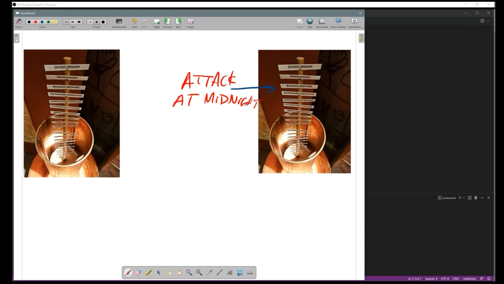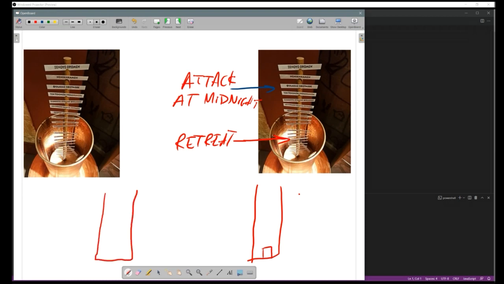And then another one of these messages might be something like retreat. Okay, so these tanks were filled with water, and maybe I can draw it slightly better. There's a small spout at the bottom of each tank to release the water.